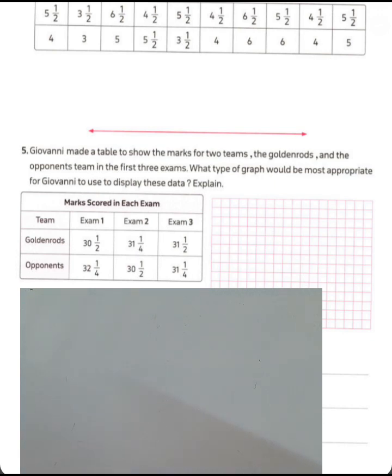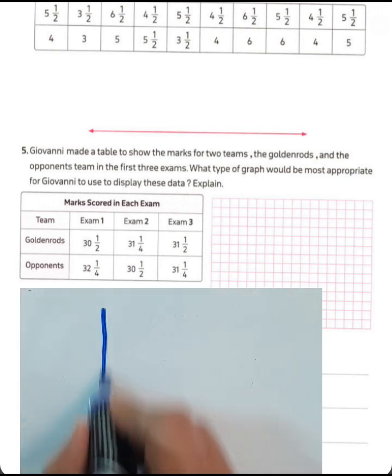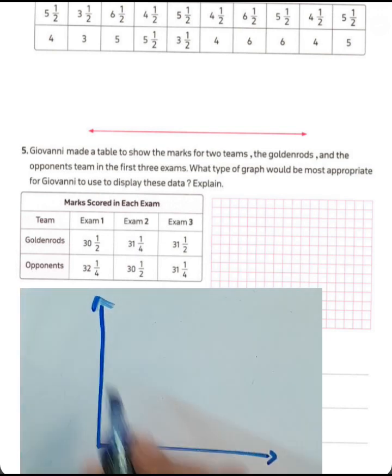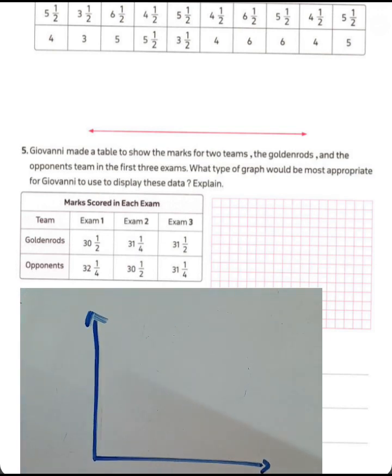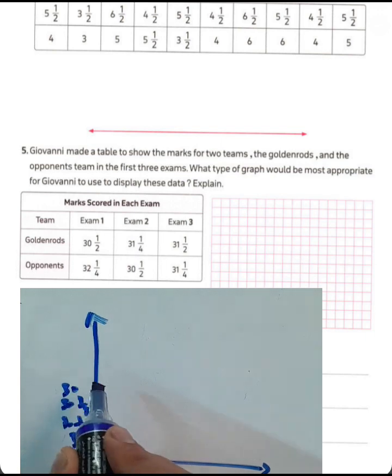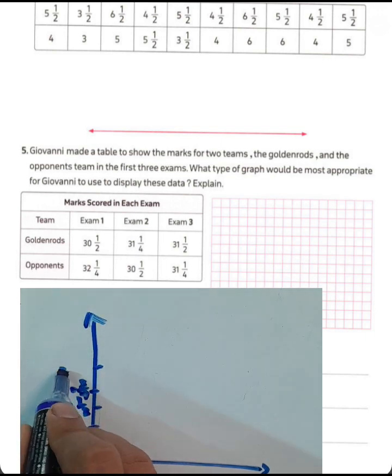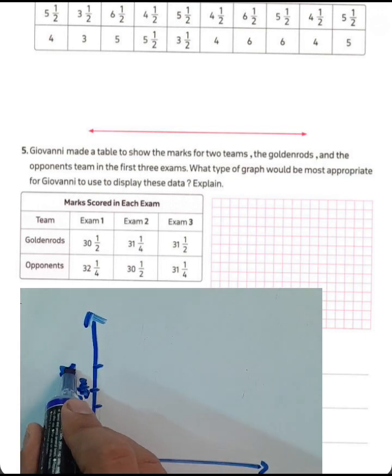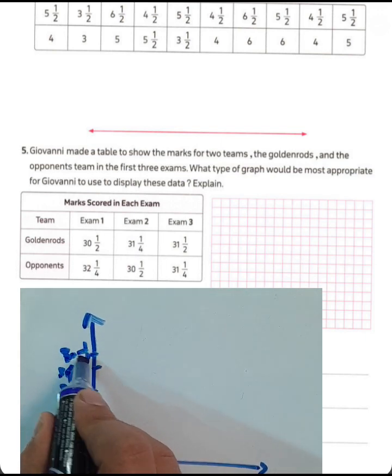I will draw horizontal and vertical. You can do it, it's very easy for you. Okay, we have 30, 31. We can put here 0, 30, 30 and fourth, 30 and half, 30 and 3/4, 31, 31 and fourth, and so on.